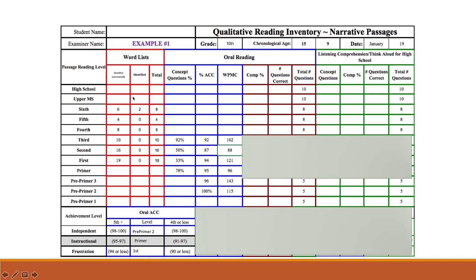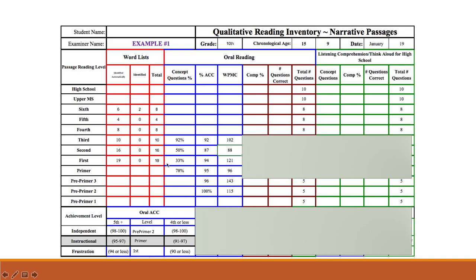So here we could see all of our scores laid out that we have actually worked on. Here is our word lists, and remember we started at the 6th grade level because that's 2 to 3 levels below his grade placement. You can test back, but that's an awful lot of time and frustration for you and the student, so feel free to skip back a few levels if they do this poorly.